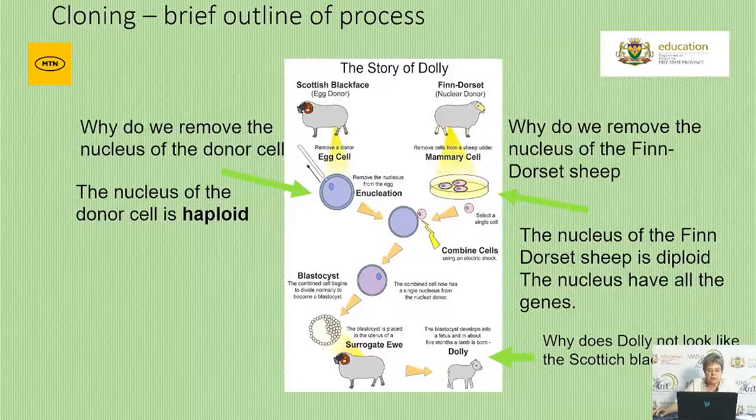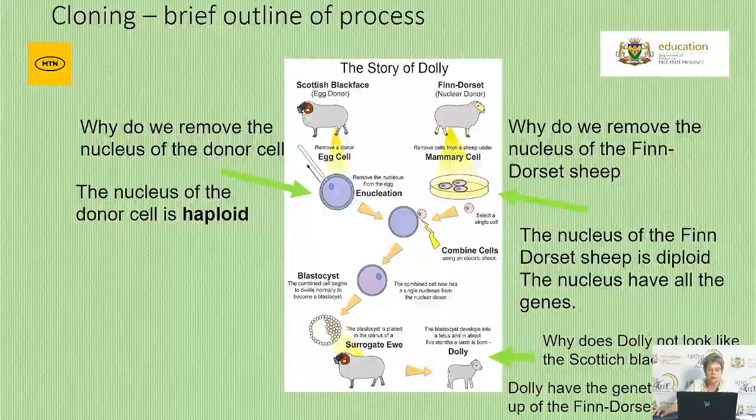And why doesn't the offspring look like the surrogate? Because the offspring has the whole set of diploid chromosomes from the donor who donated a diploid nucleus. So make sure that you know your cloning and why we remove it and why we insert a mammary cell: because it's diploid and we need those characteristics.